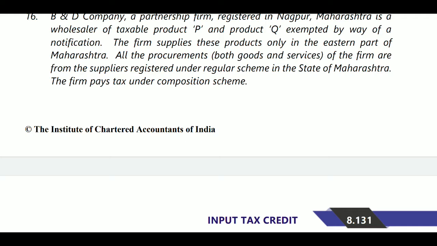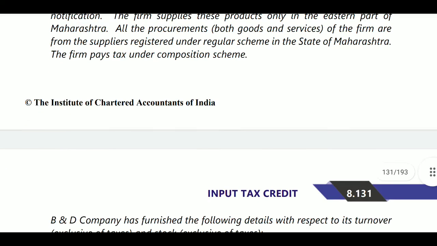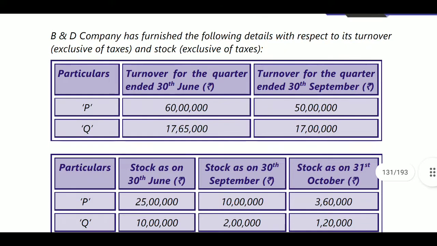Under the composition scheme, B&D Company has furnished the following details with respect to its turnover and stock, particularly related to P and Q. P is a taxable product, Q is an exempted product. Turnover for the quarter ended 30 June and turnover for the quarter ended 30 September are provided: 60 lakhs, 50 lakhs, 17 lakhs 65,000, 17 lakhs.